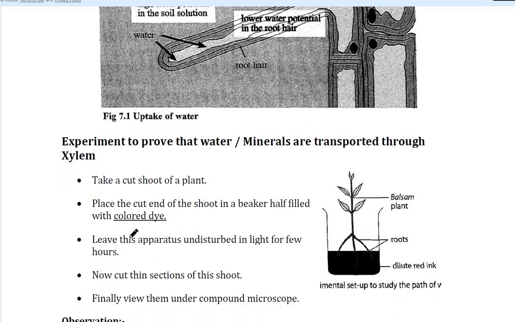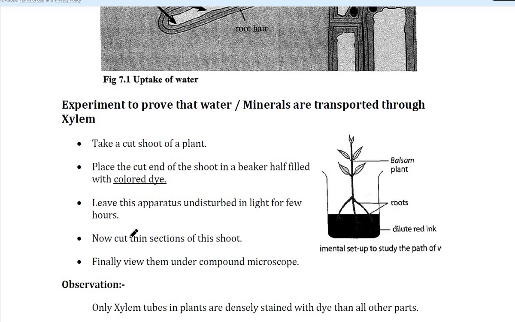Now, here we have to prove experimentally that water and dissolved ions are transported in the upward direction by the xylem vessel. So first of all, we take a plant, just a common balsam plant, and we place it in water, and in the water we add dilute red ink. Then we keep this for a long period of time.